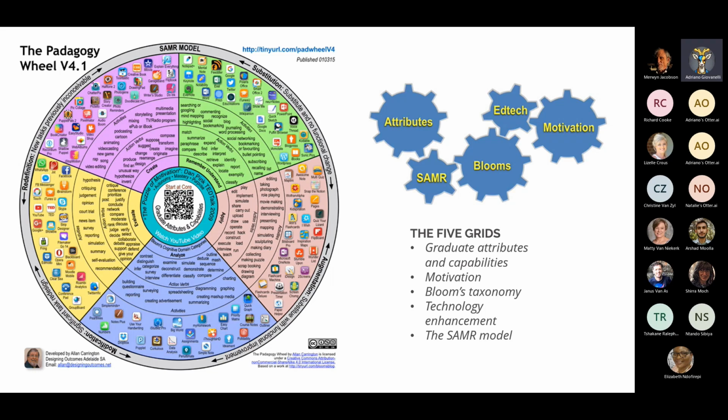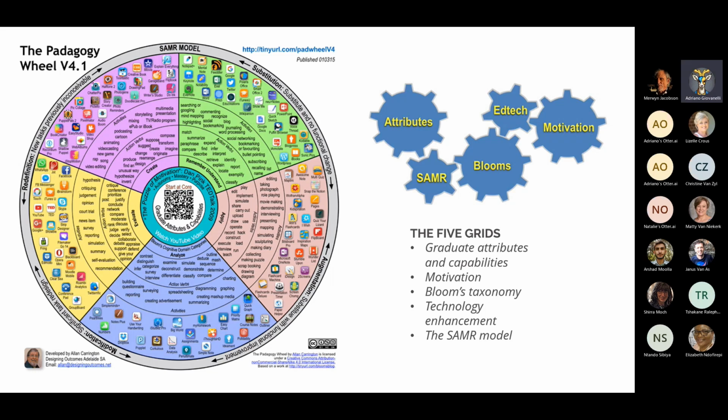It is a really nice model that you can use to test out AI, a method to find technology that fits within your curriculum or your course design.